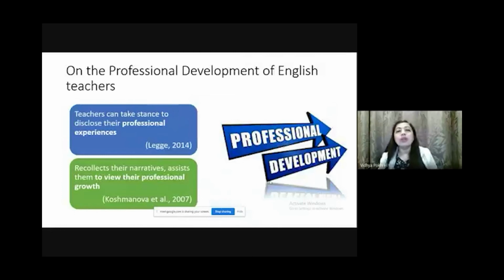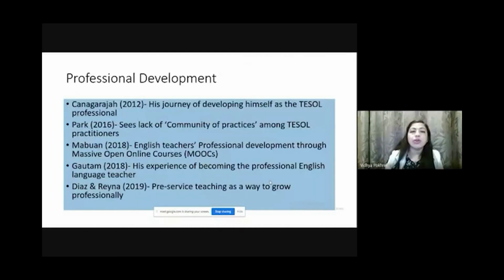So on the professional development of English teachers too, this autoethnography plays an important role, because teachers can disclose their professional experiences through autoethnography. They collect their narratives, and they can assess these things, and they can view their own professional growth.